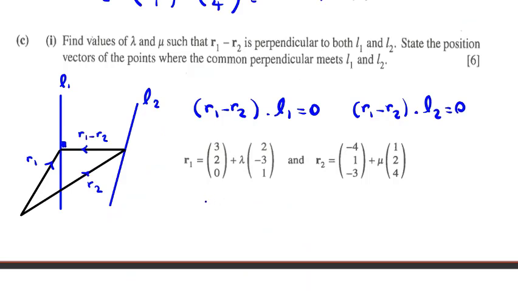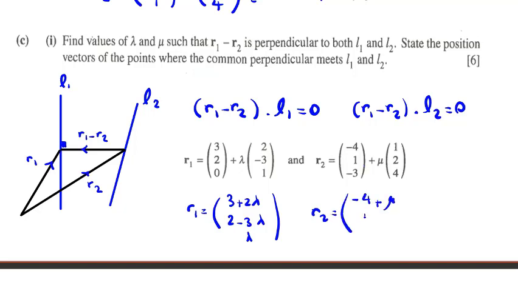Okay, if we replace, R1 minus R2 equals what? We can say R1 equals (3 plus 2 lambda, 2 minus 3 lambda, lambda). And R2 equals (negative 4 plus mu, 1 plus 2 mu, negative 3 plus 4 mu).